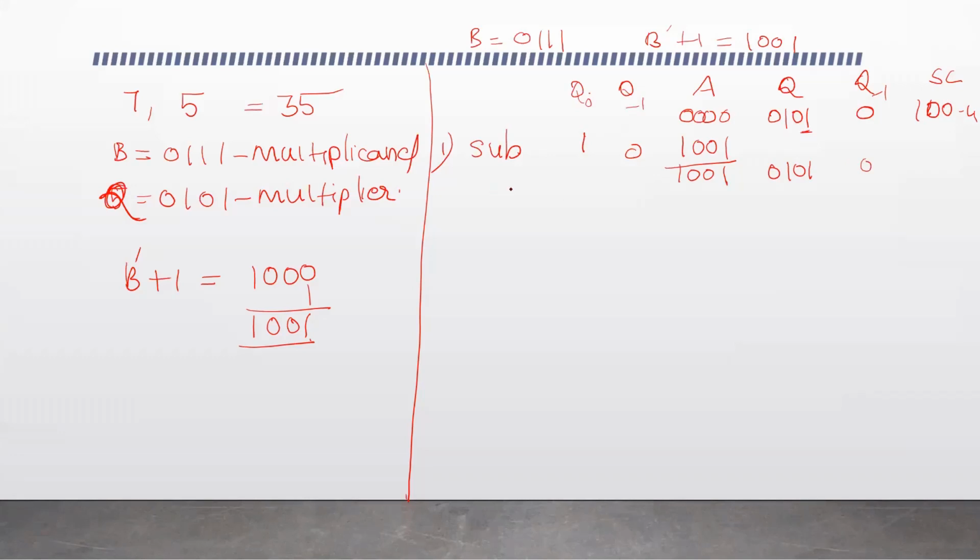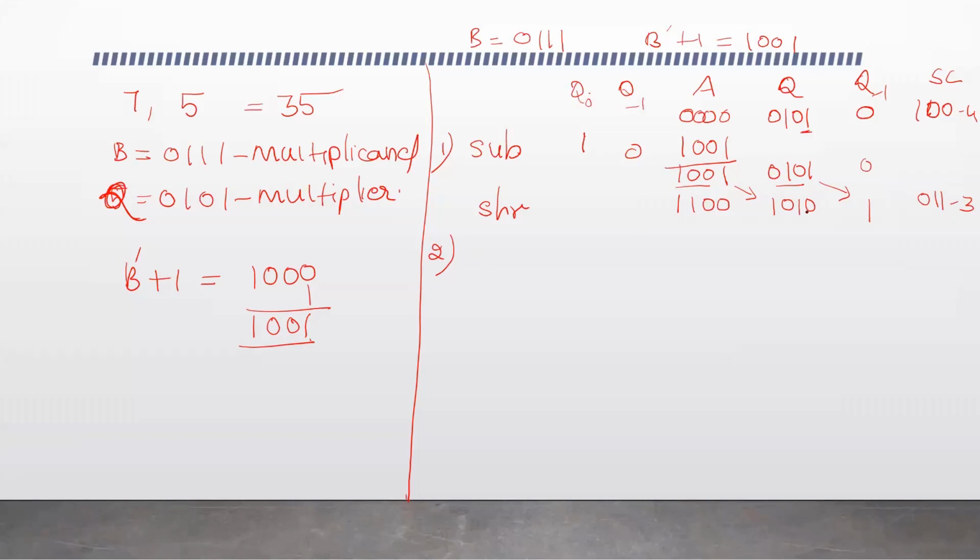The next operation is shift right. When you shift right, the sign bit 1 and the 3 bits 1, 0, 0 move to the next position, so 1, 1, 0, 0, and the last bit moves to the next register. Here we decrement SC, and it becomes 3.